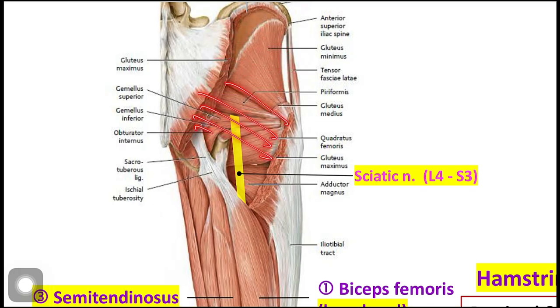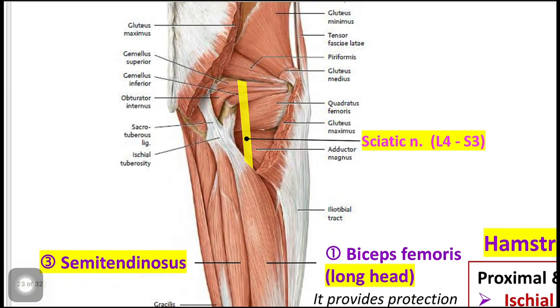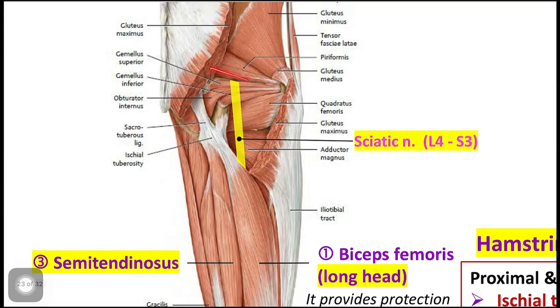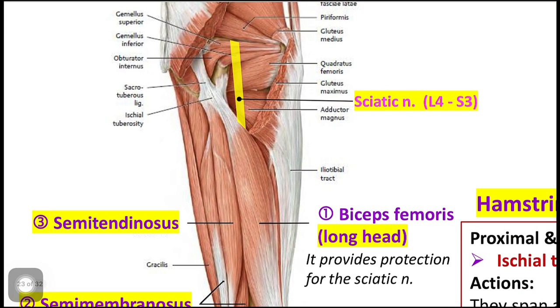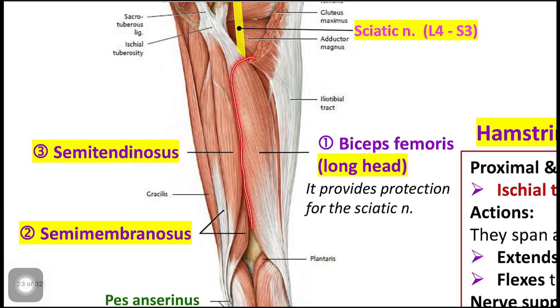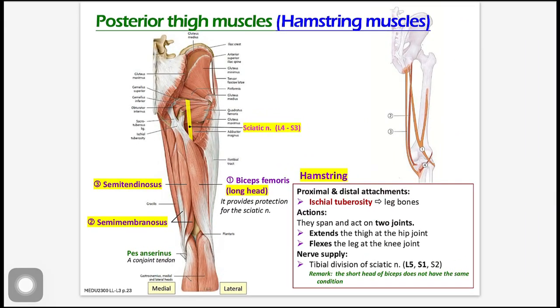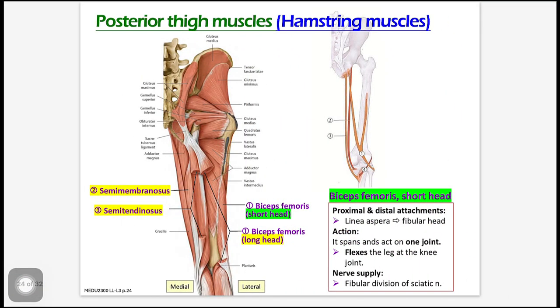So this sciatic nerve in the upper part is actually protected by the gluteus maximus, as well as by the long head of the biceps femoris. So these 2 altogether protect the sciatic nerve, okay? Now, here I want to show you the short head.